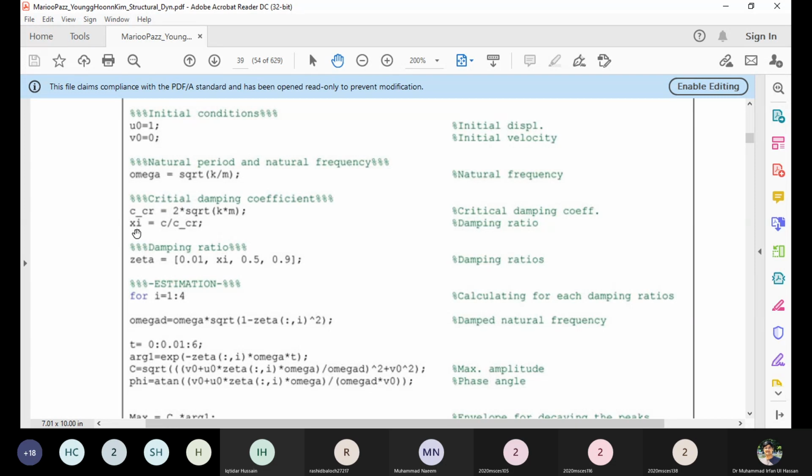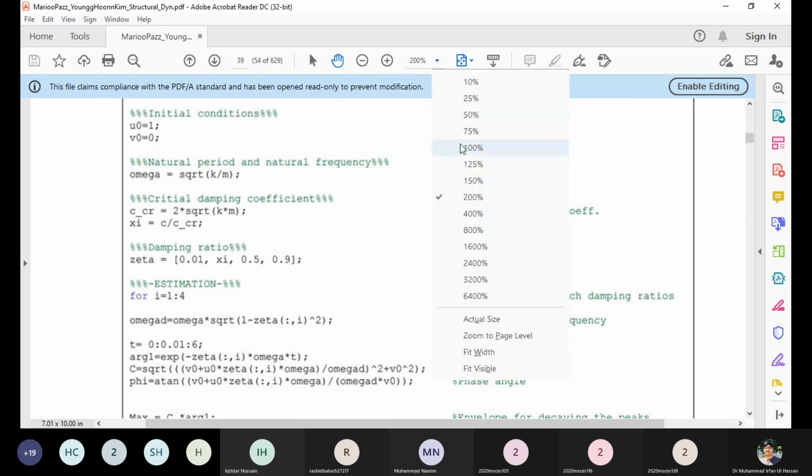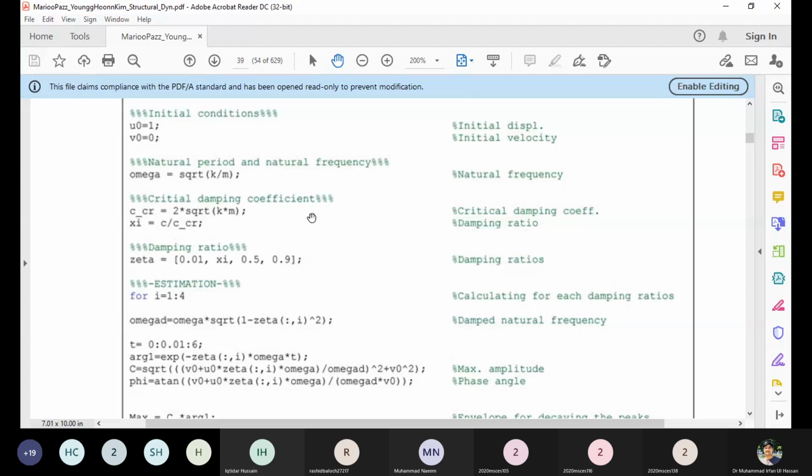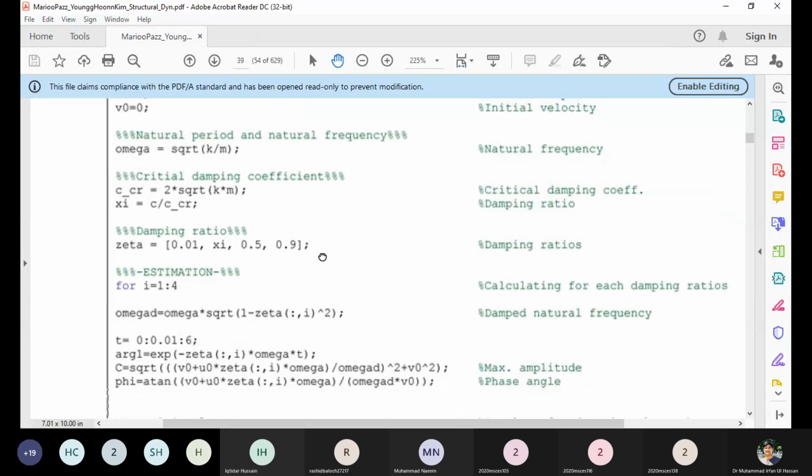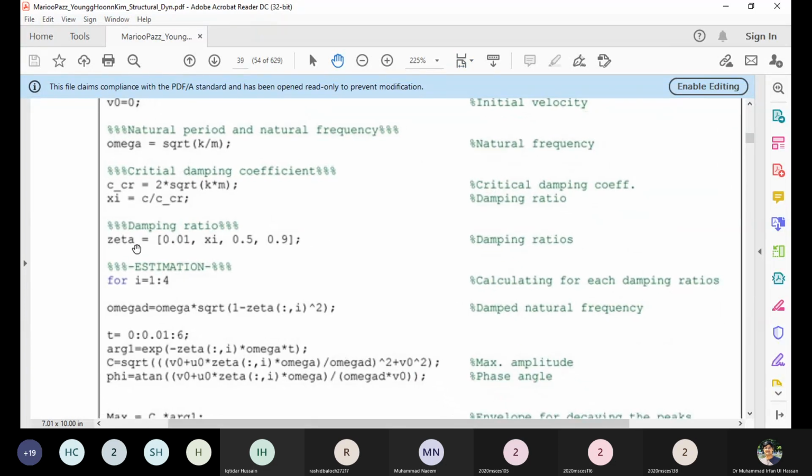Then the damping ratio is computed: psi is equal to C divided by C_cr. Zeta is given because the problem is for different zeta. So zeta is made as a vector: first zeta, second, third and fourth, the damping ratios vector is formed.